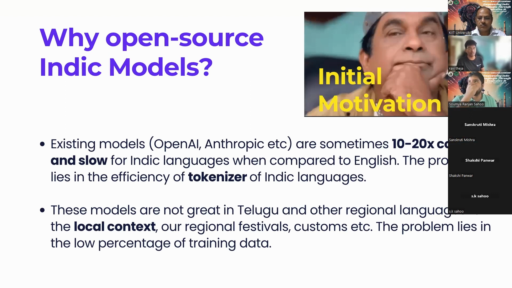Even for some of the models where basic tokenizers were there, it is slow and 10 to 20x costlier. Also, these models are not so great in Telugu or other regional languages for local context, as someone earlier presented for Odia, and for Telugu as well. There are no specific models, so we thought we'd take a punch on it.